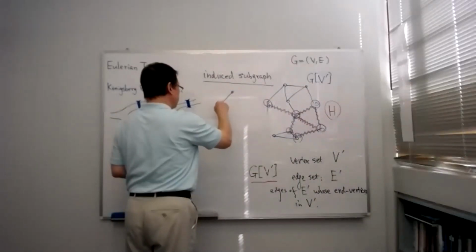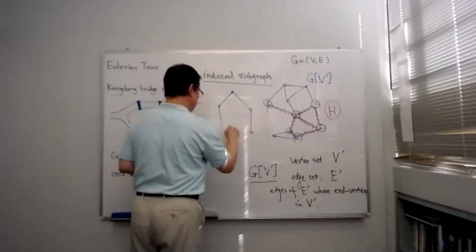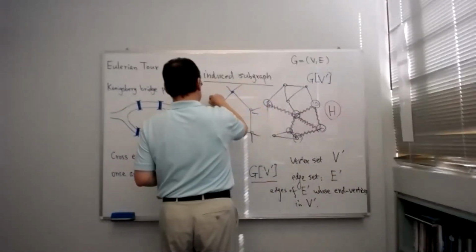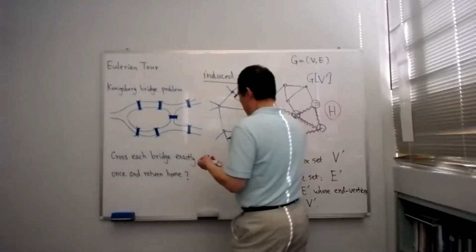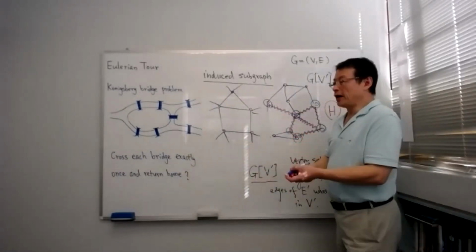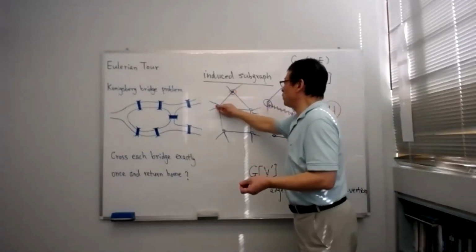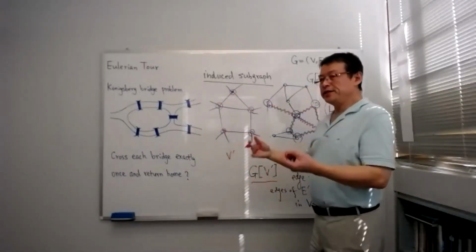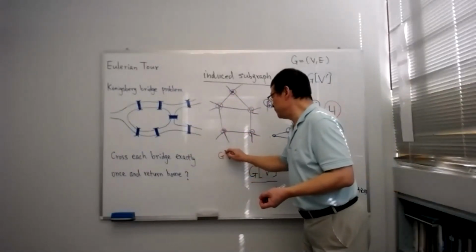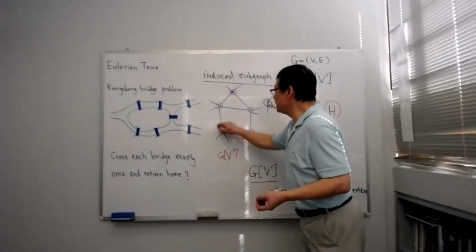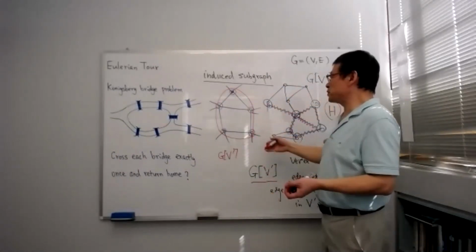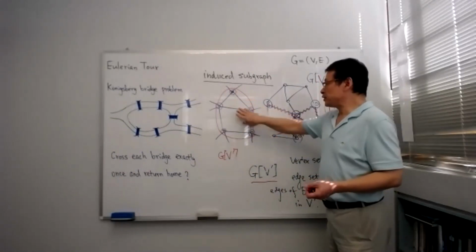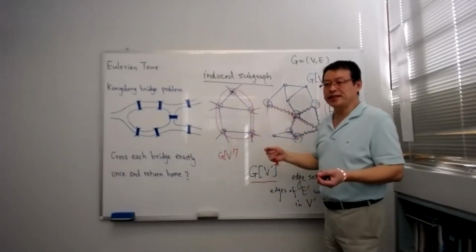One more example, maybe. Suppose that's part of the graph, and these are the vertices V prime. Now the induced subgraph on V prime contains exactly the same structure as in the graph, so we take everything inside V prime. If I don't take this edge, then it's not an induced subgraph.